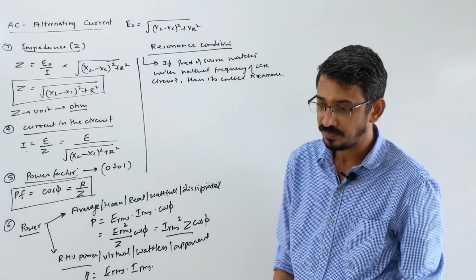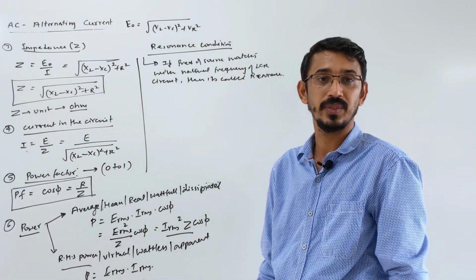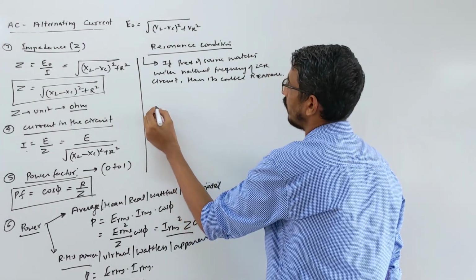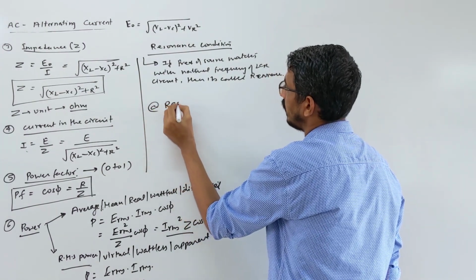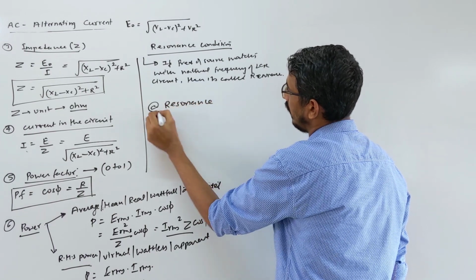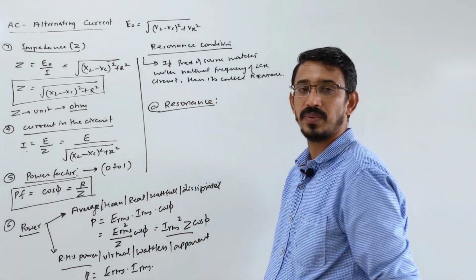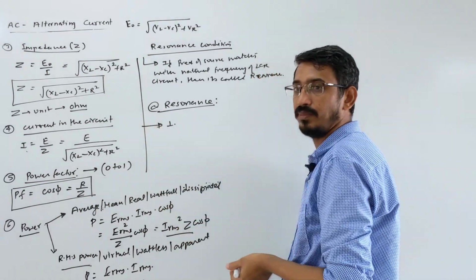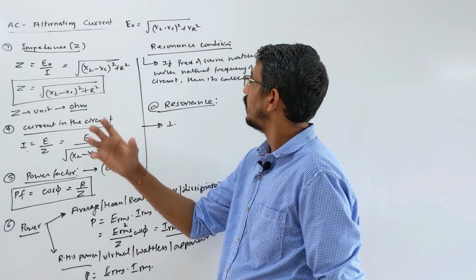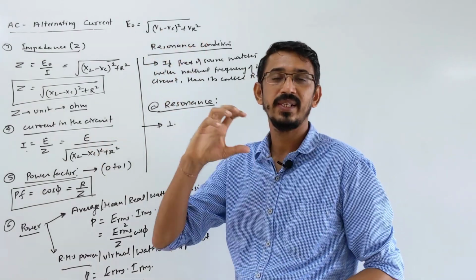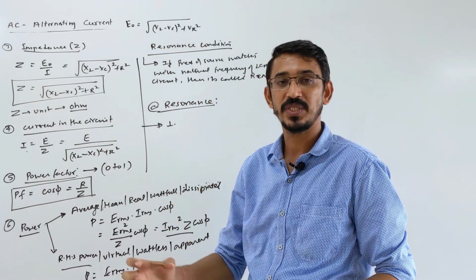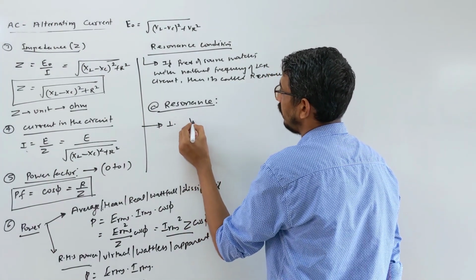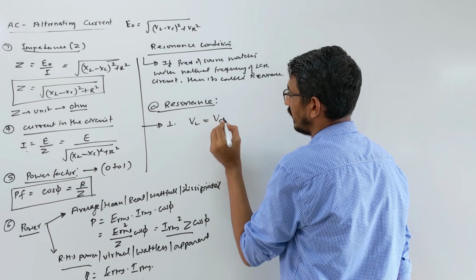So at resonance what happens? Very important. First, how to identify resonance, that we will talk about. I'm writing some small points here: how to identify resonance, and what happens at resonance. The simplest way to identify resonance is in terms of potential. The voltage drop across your inductor L and the voltage drop across your capacitor become equal. That means VL is equal to VC.